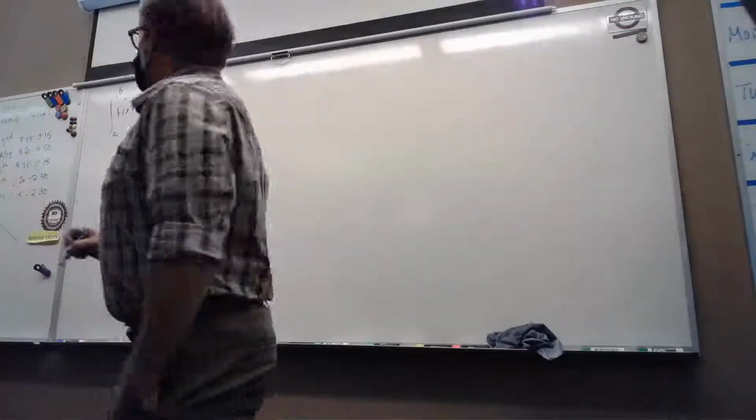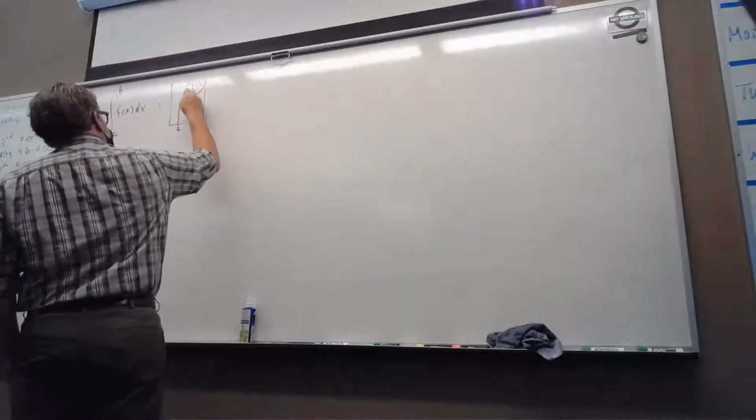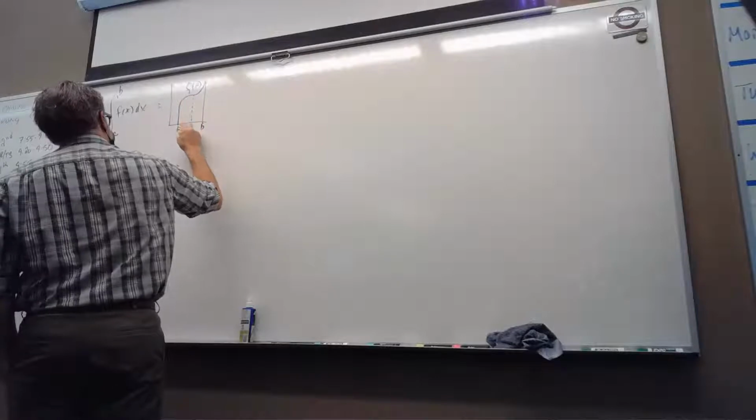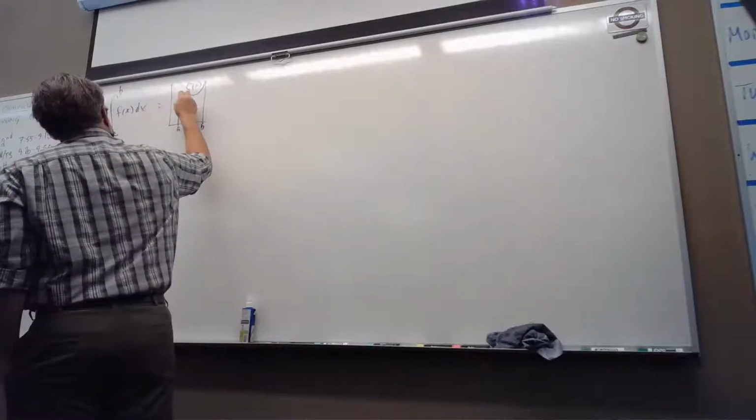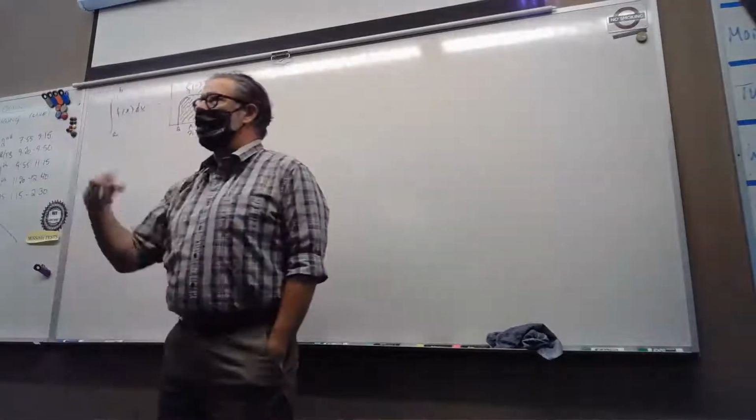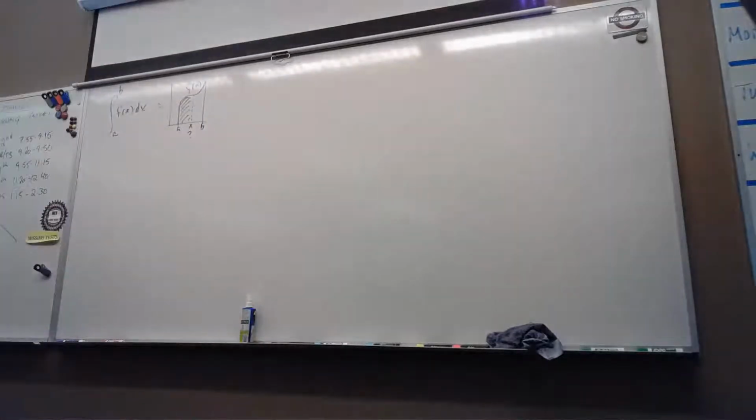But what if I want to find the area under the curve at some value? Because I don't want to go all the way to b. I want to know what's going on in between. I want to know, for example, how much snow there is at any time t, instead of how much snow is there at 10:30 when the snow stops.